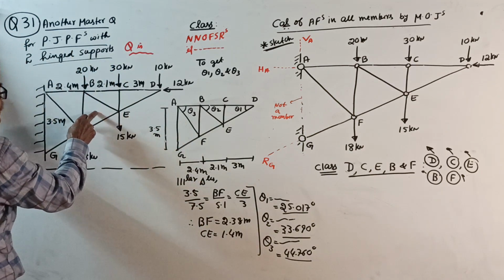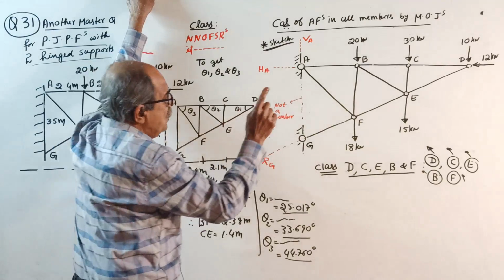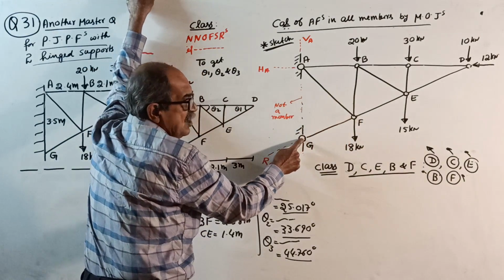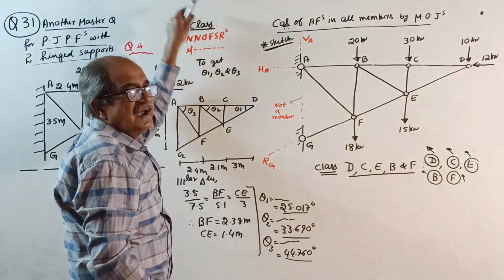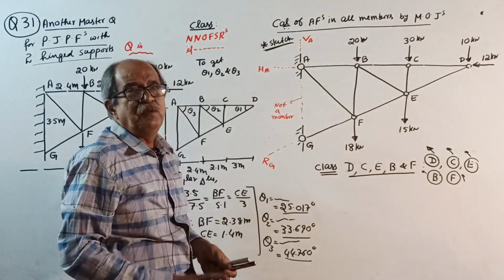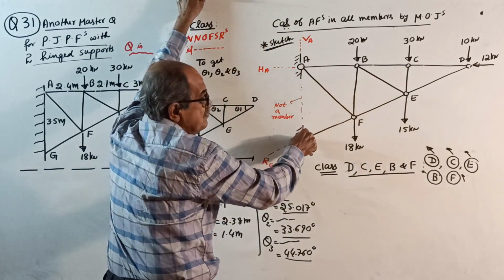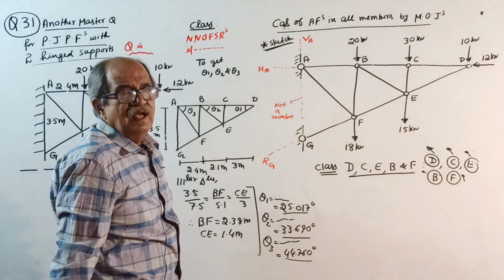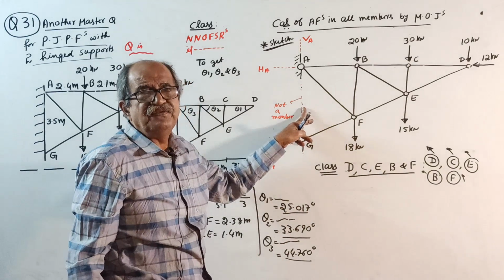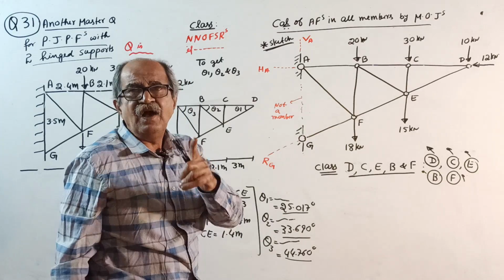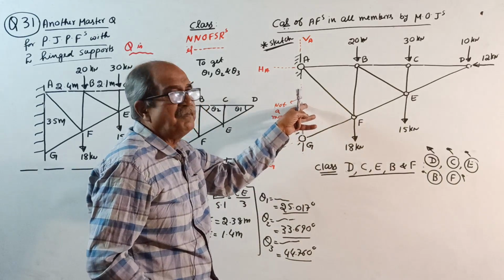Pin jointed plane frames with 2 hinged supports, with only one member connected to one of the hinges and no member connecting the 2 hinges. That is very important. If there is one more member here, then there is a rule: force in the member is 0, unless there is a lack of fit, temperature change or support settlement for this particular member.